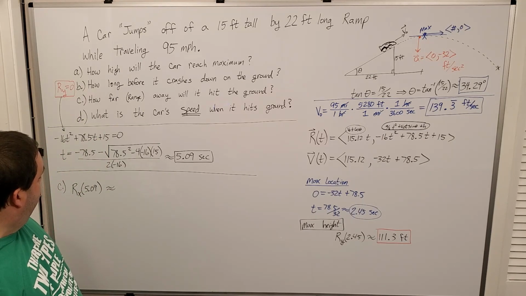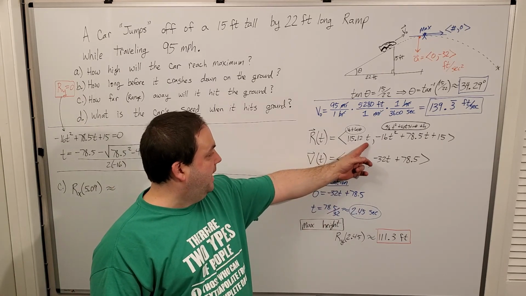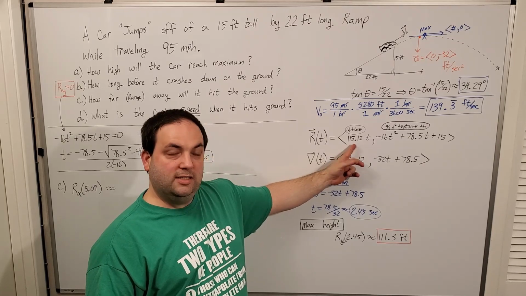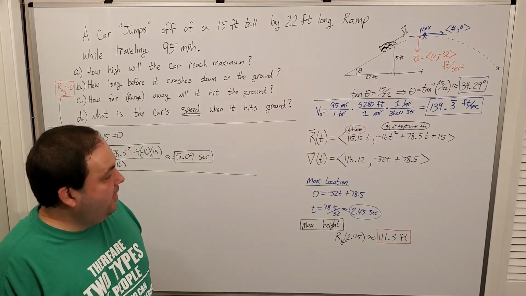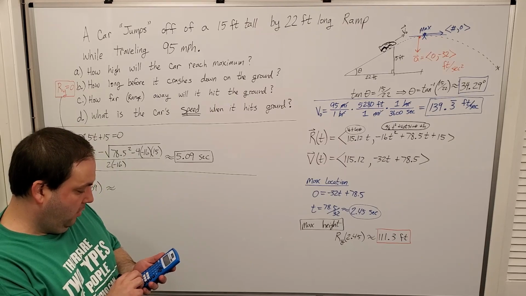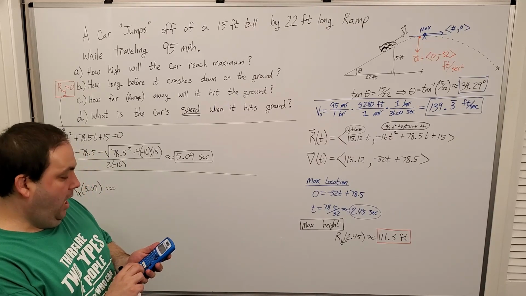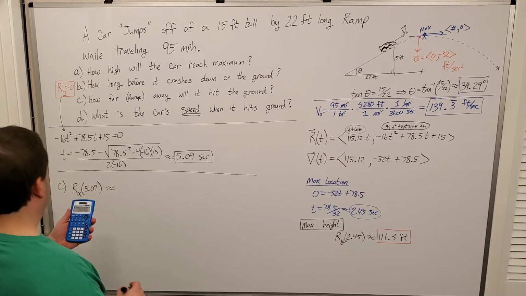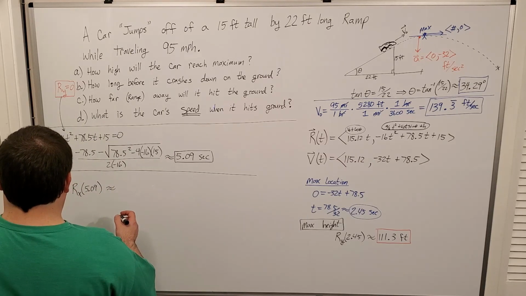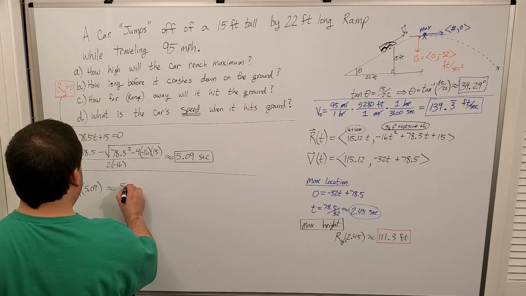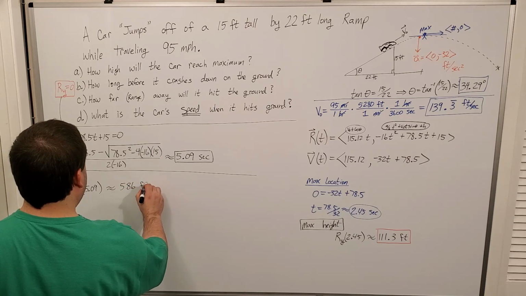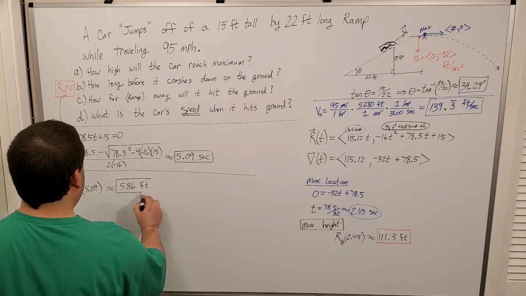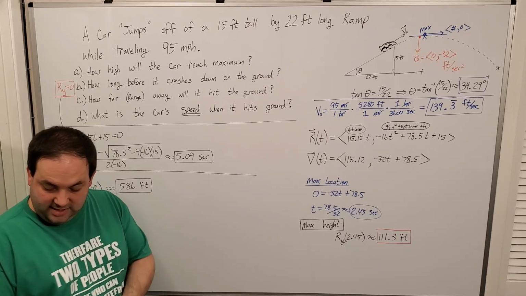Okay? Well, notice that's just a multiplication, right? Because this was at a constant x velocity. I've got the 115.12 times 5.09. And I've got that it's really, really close to 586 feet. That's part C.